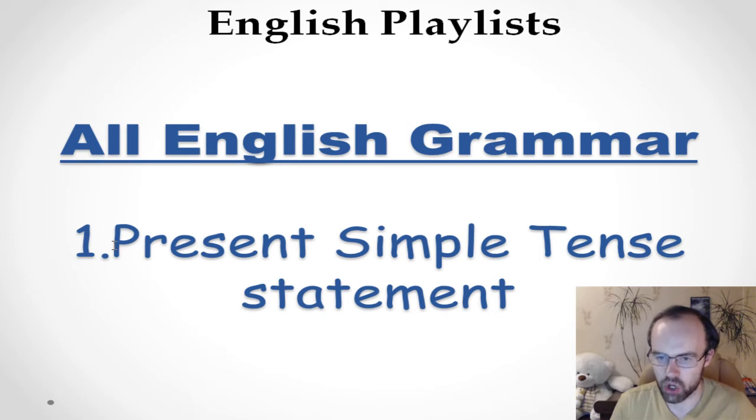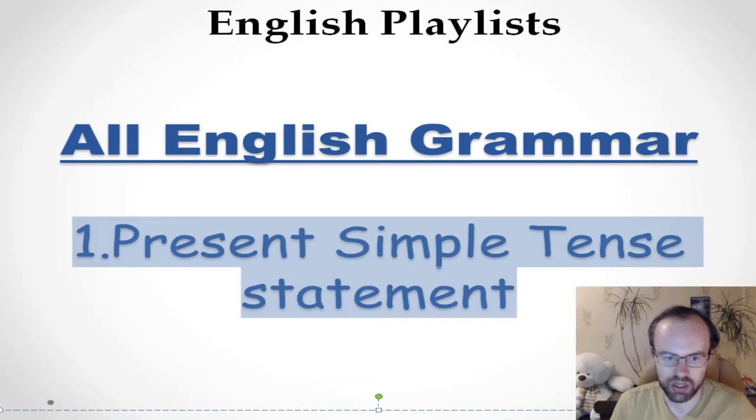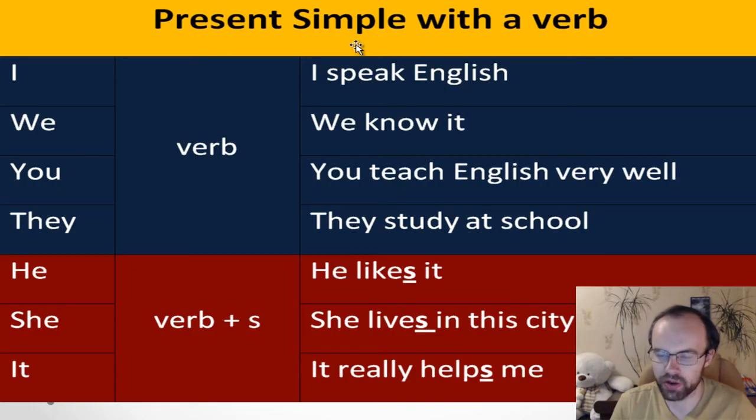Okay, let's talk about present simple tense statement. So I hope you remember how we form this tense. So present simple with a verb. If you have I, we, you, they, you need a verb after it. For example, I speak English.